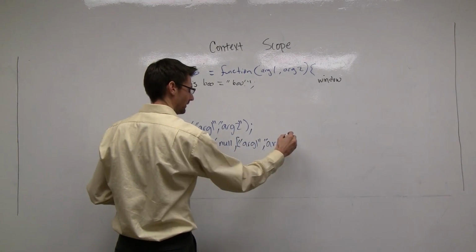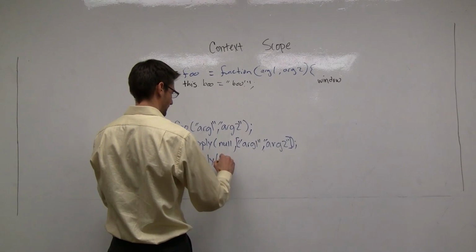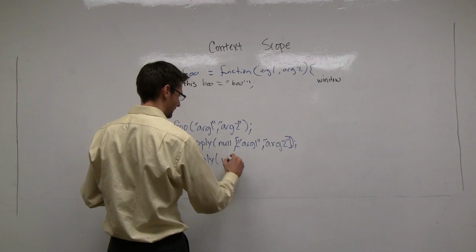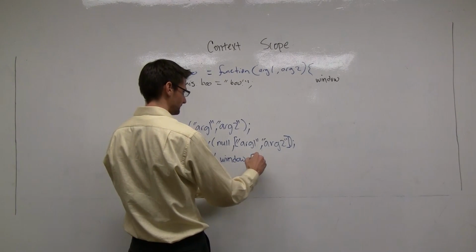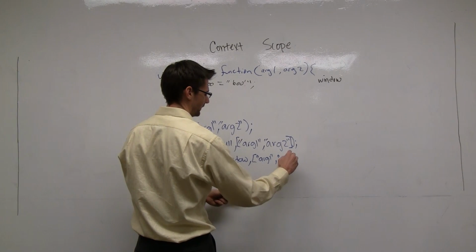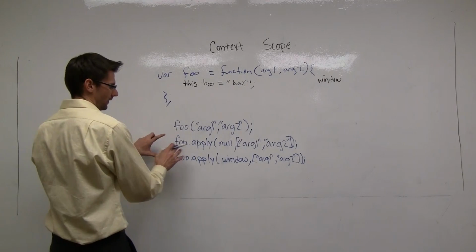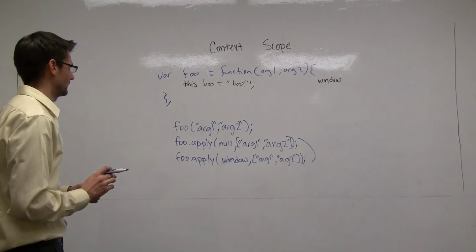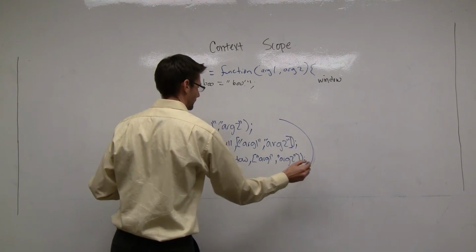Apply is done with an array: arg1 and arg2, finish the array literal. These three lines are equal to each other, in the browser at least. So those are all the same.